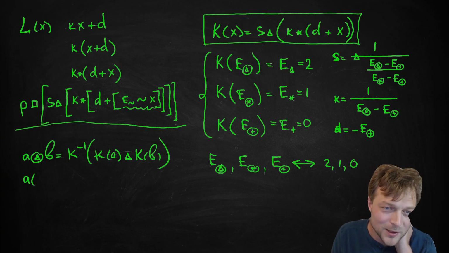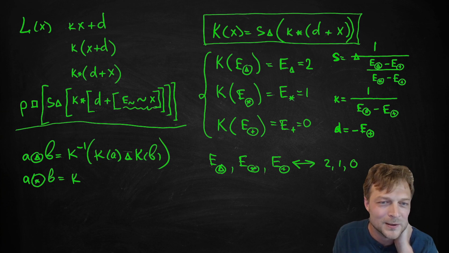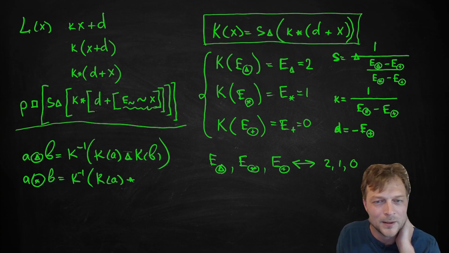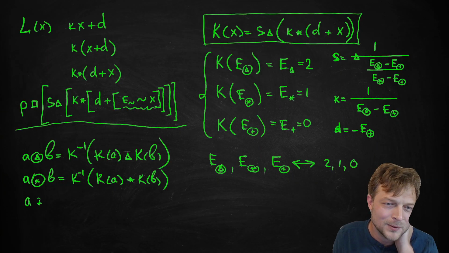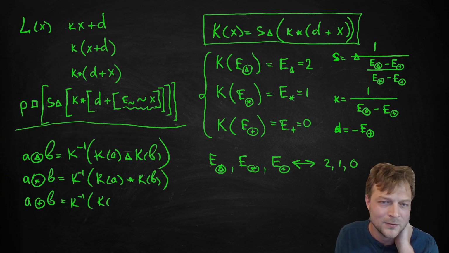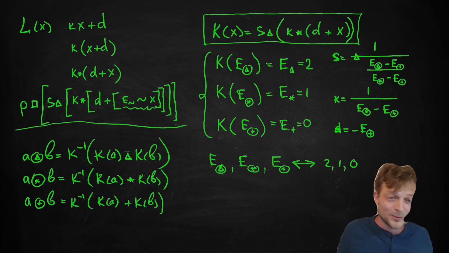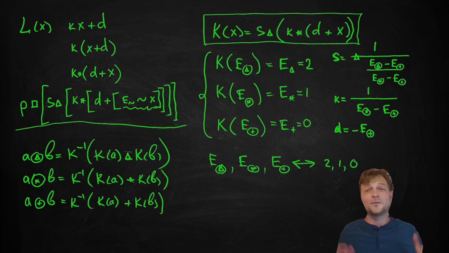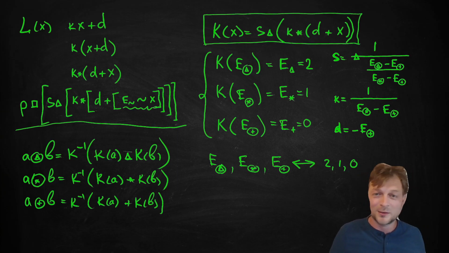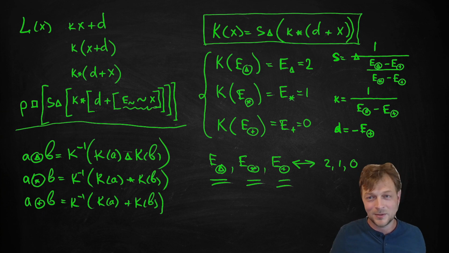The same applies to the multiplication operation, K of A multiply K of B, and A plus B is equal to K inverse of K of A plus K of B. So these are our operations, and for them you can basically choose any arbitrary values for these identity elements.